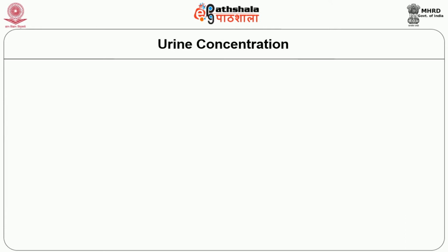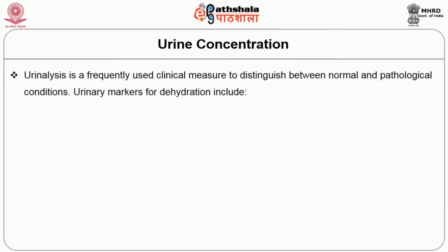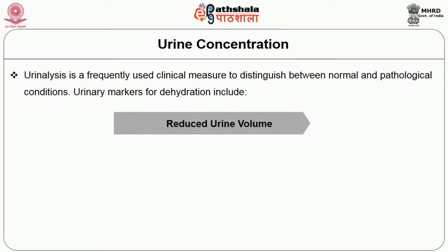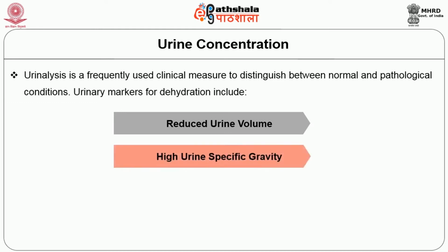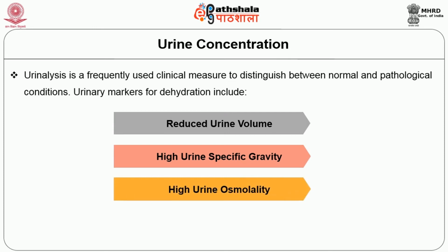Next, we will look into the urine concentration. Urine analysis is a frequently used clinical measure to distinguish between normal and pathological conditions. Urinary markers for dehydration include a reduced urine volume, a high urine specific gravity, a high urine osmolality, and a dark urine color.